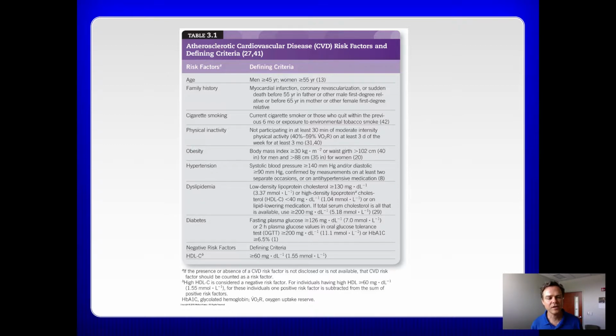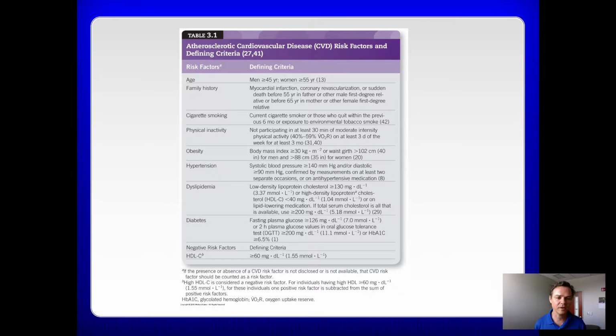So family history, a father or first degree relative, so it could also be a brother. It could technically be a child, but that's usually not relevant in these cases. It could be your mother or sister, but cousins, aunts, uncles, and grandparents do not count into the family history.